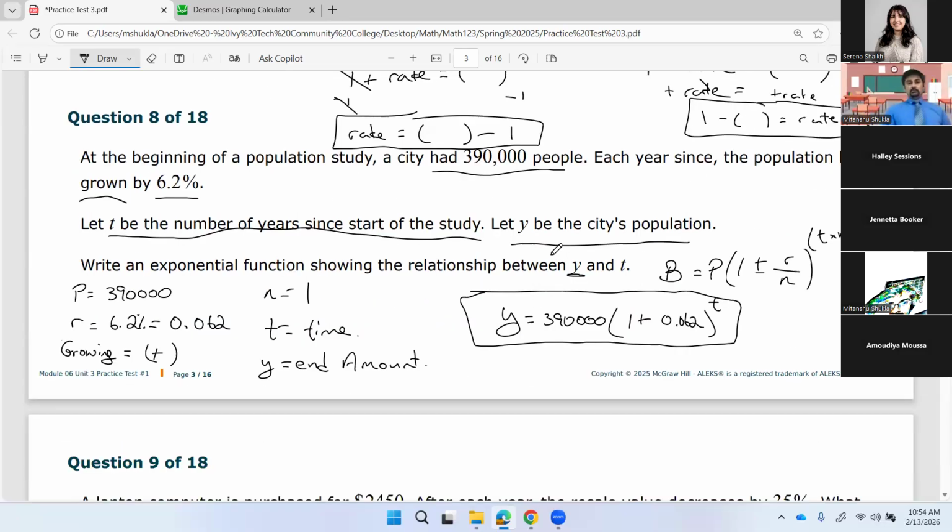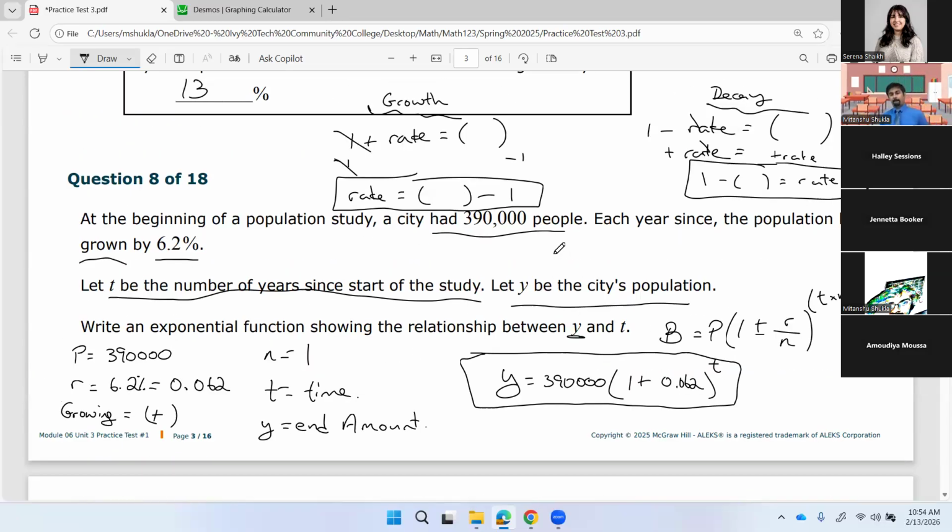Yeah, I do have a question. Would it have told us if the rate was going to be divided by 12? Yeah. Because your clue for that is that it's being compounded monthly.